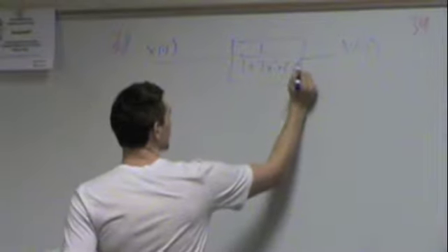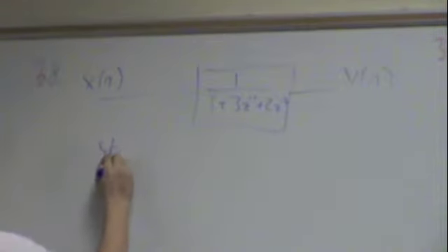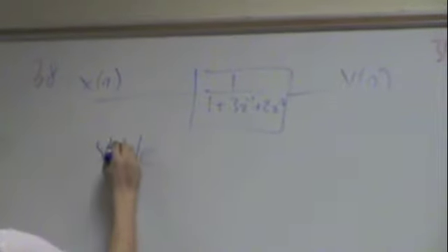That's a 2, I promise. Okay, so we have this, and we want to know if the filter is stable. Okay, we want to know if it's stable, question mark.